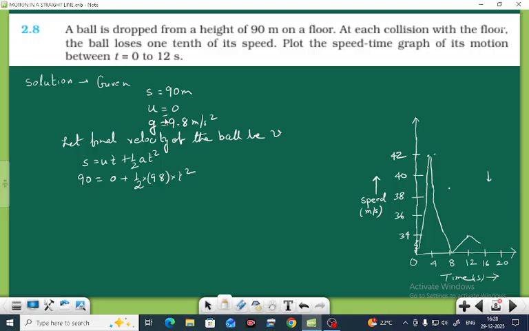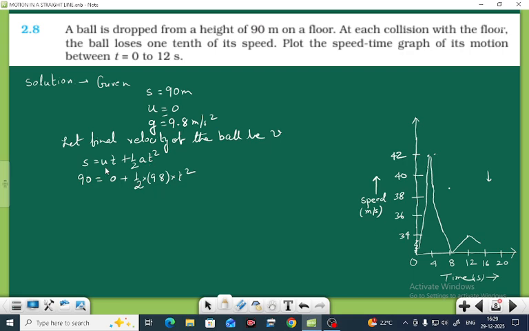Since u is 0, you can take this acceleration as positive.